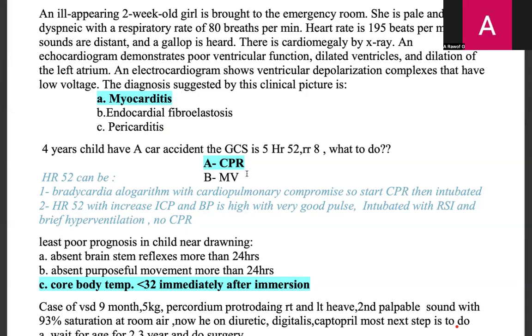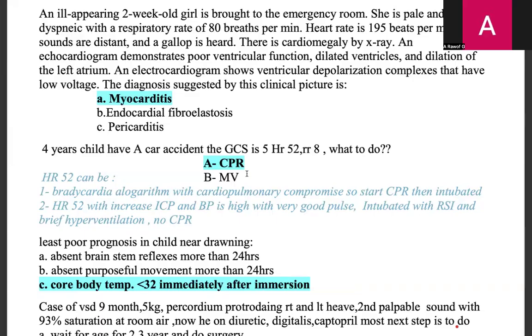So heart rate 52 can be the bradycardia algorithm with cardiopulmonary compromise. If there is bradycardia with cardiopulmonary compromise, we do CPR, then intubation. But heart rate 52 with raised intracranial pressure and high BP with a good pulse, no need to do CPR. Since the respiratory rate is 8, you will intubate with rapid sequence intubation and brief hyperventilation.